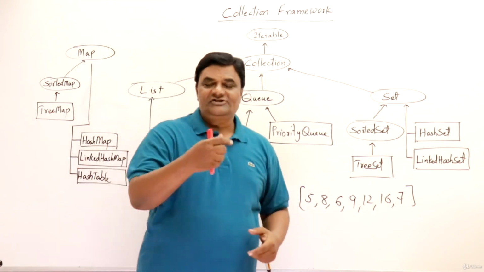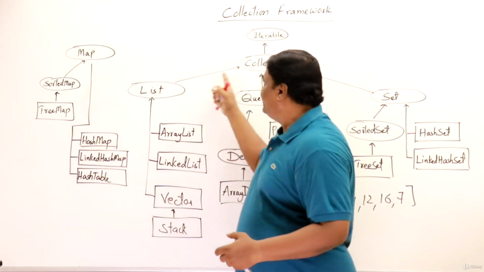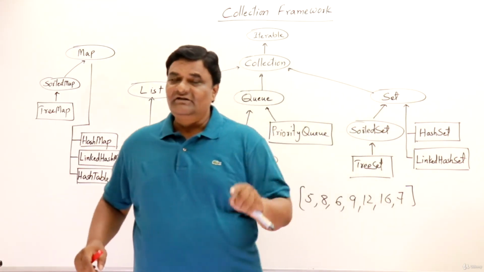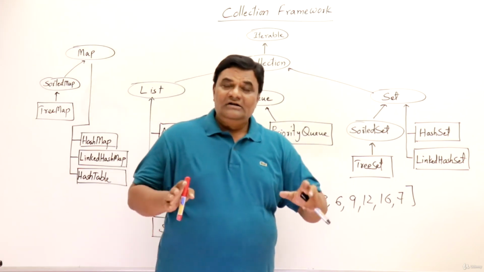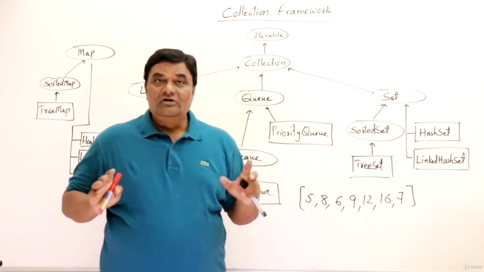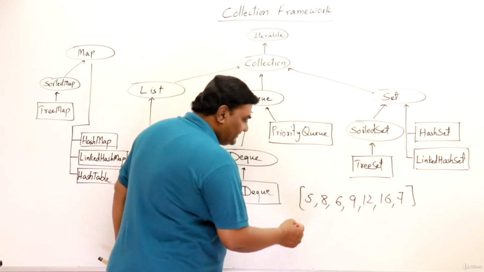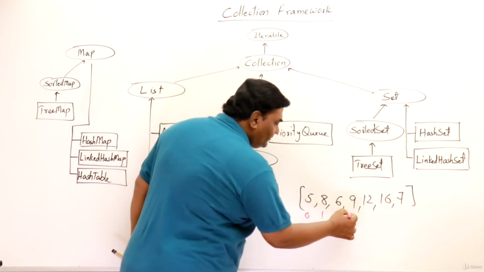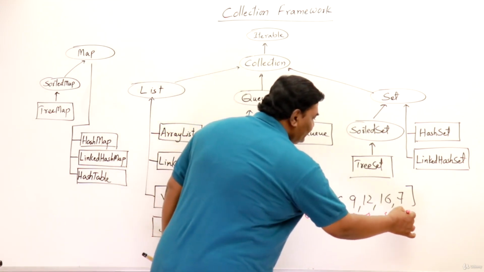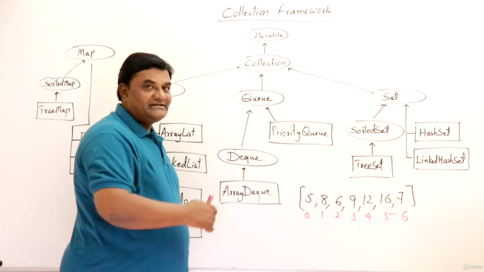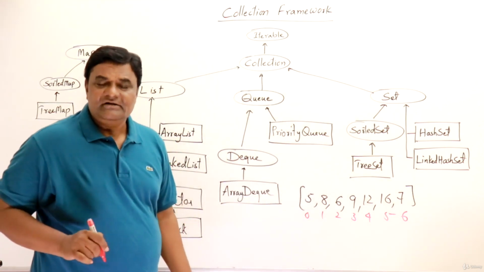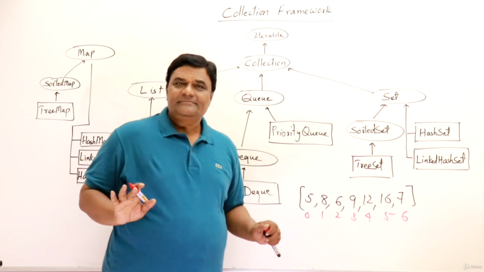List is a collection, yes, as it is extending Collection, but it is an ordered list of elements. Ordered list of elements means what? The elements will have numbers. Let us say this is 0, 1, 2, 3, 4, 5, 6. So they have an index. They are an ordered list of elements. That's it. This is the only difference.